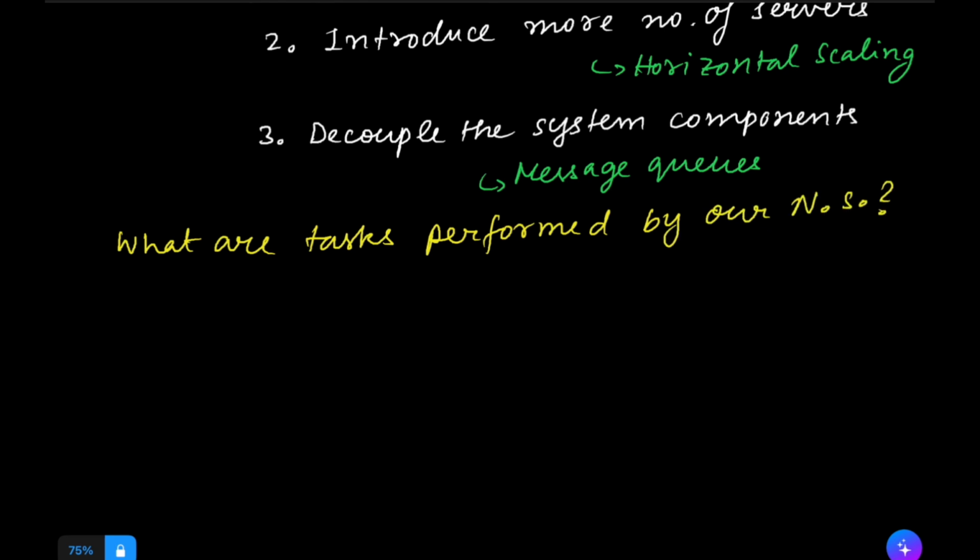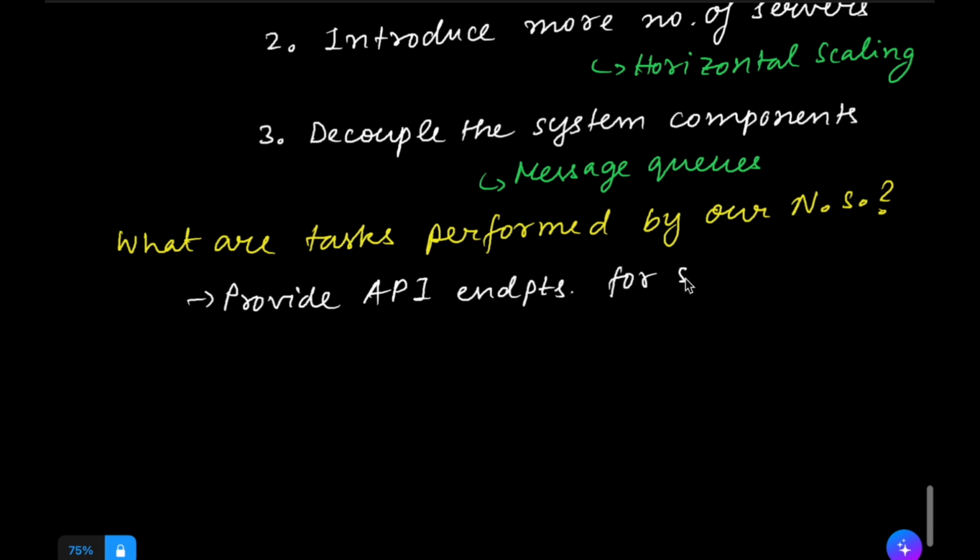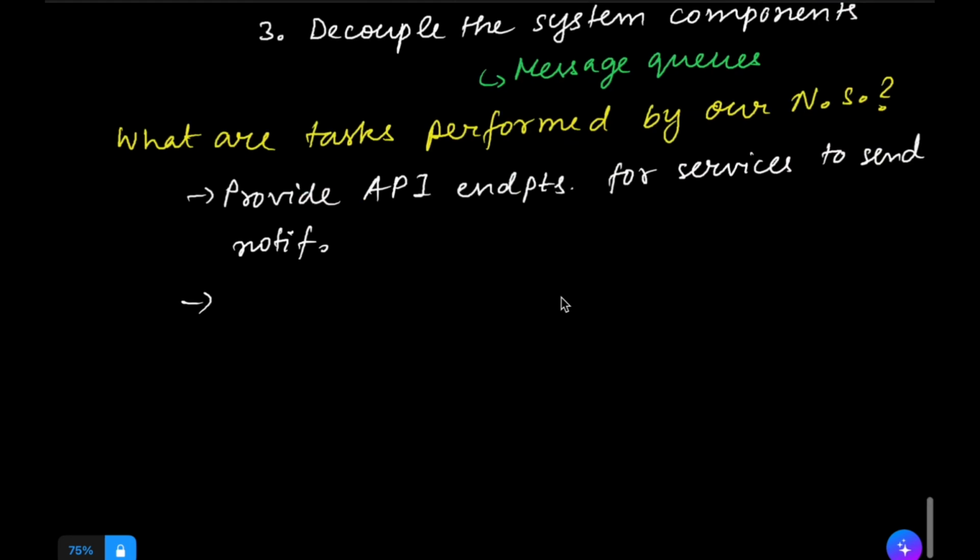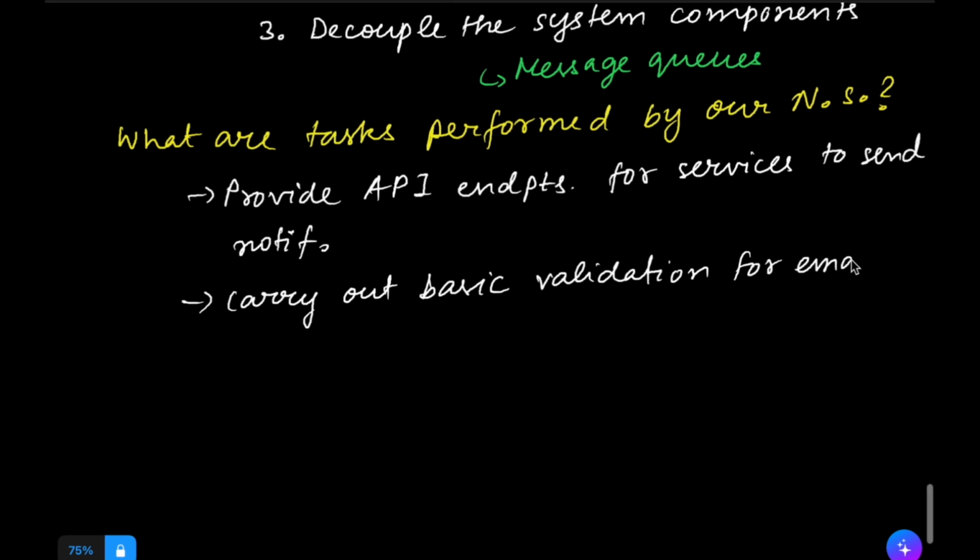One is that it provides API endpoints for services to send notification. It carries out basic validation for emails or phone numbers.